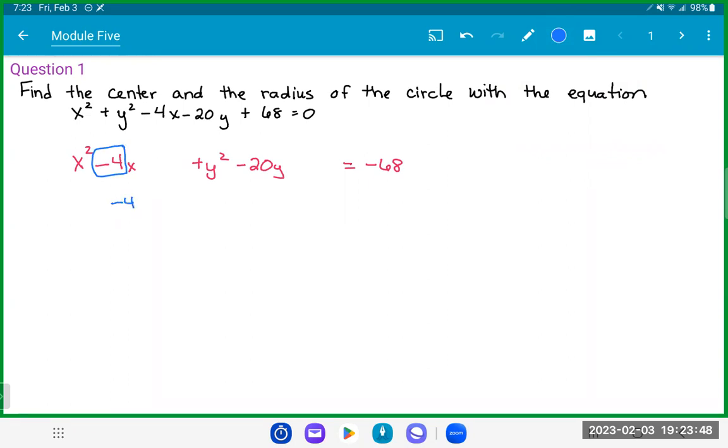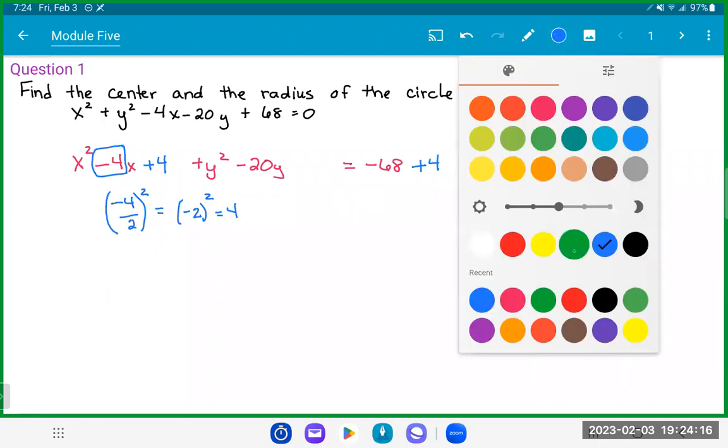So by completing the square, we're going to divide -4 by 2 and then square that, okay? So -4 divided by 2 gives me -2, squared, which equals 4. So I'm now going to add 4 here, but whatever I do to the left-hand side, I must also do to the right-hand side to keep my equation in balance, okay?